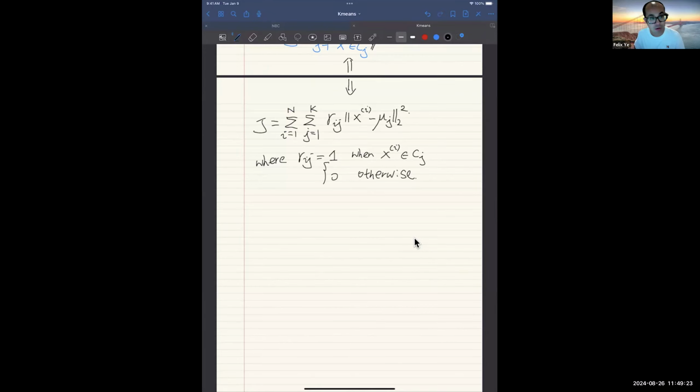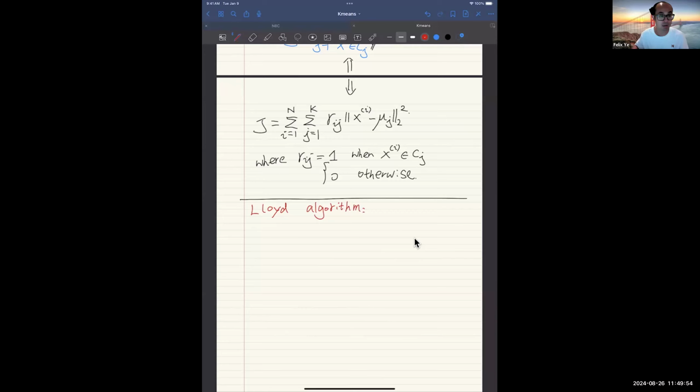Then I'm going to introduce a method called Lloyd's algorithm. I believe you have seen this in the TDA class, if you took a recent version of it.